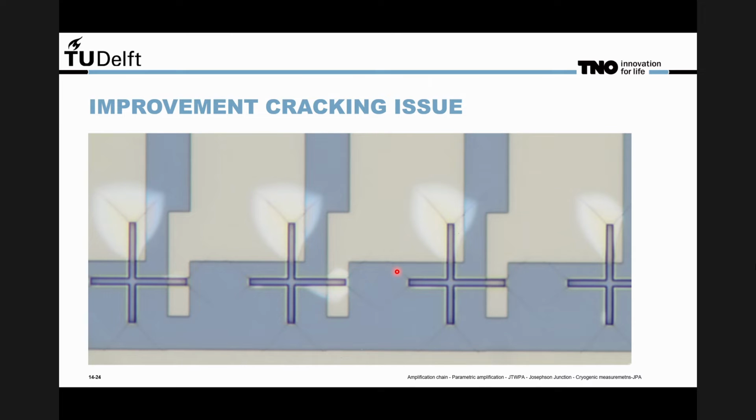This is actually very bad for the uniformity of the film, because we see here some whitish area which is not shown in other junctions. This can be very bad for the reproducibility of our devices.